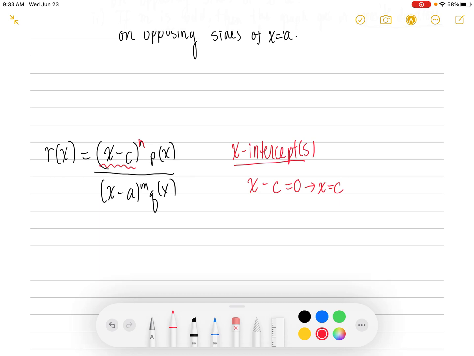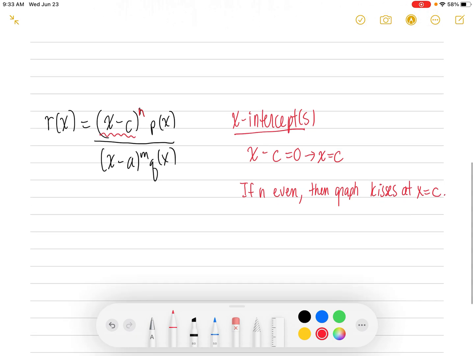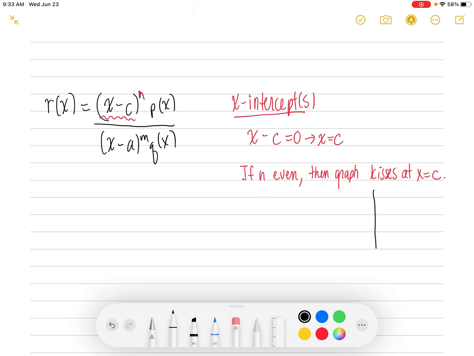So I have an x-intercept at c. Now, if n is even, then the graph kisses at x equals c.